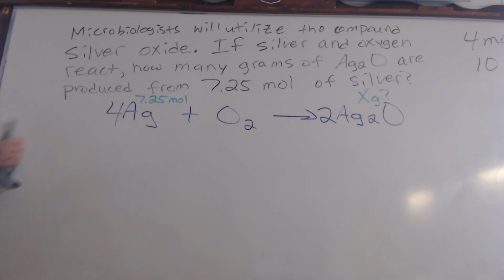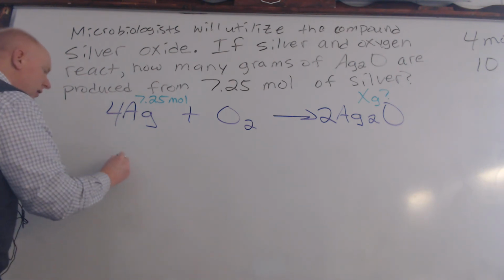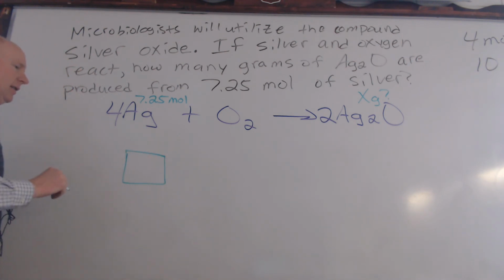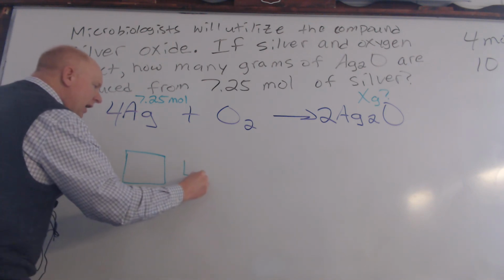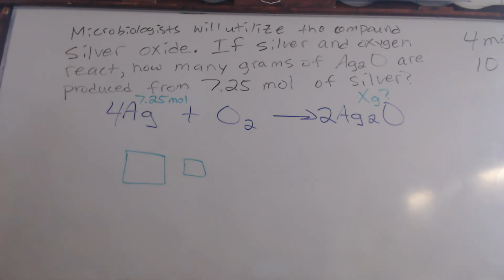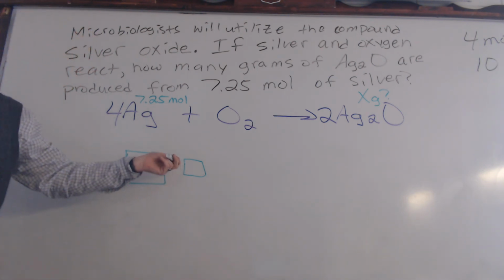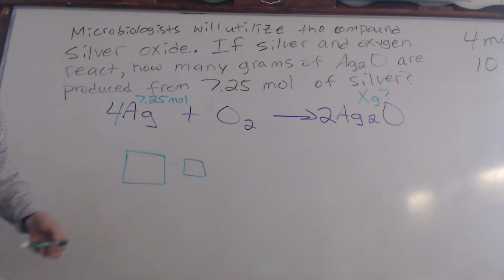Because if you have a bandage this size, but you only put enough silver in there to make a bandage this size, could that be a potential problem? Yes, because why are microbiologists utilizing this compound? Because silver repels bacteria. That's right. So it's going to be a bad day at the office if you run yourself short on this silver. Okay.